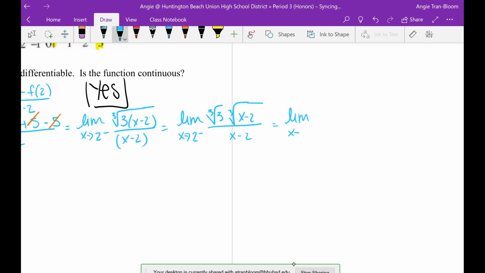So limit as x approaches 2 from the left. The third root of 3 stays, right? Yeah, and then times x minus 2 to the 1/3, divided by x minus 2 to the 3/3. Sounds good?